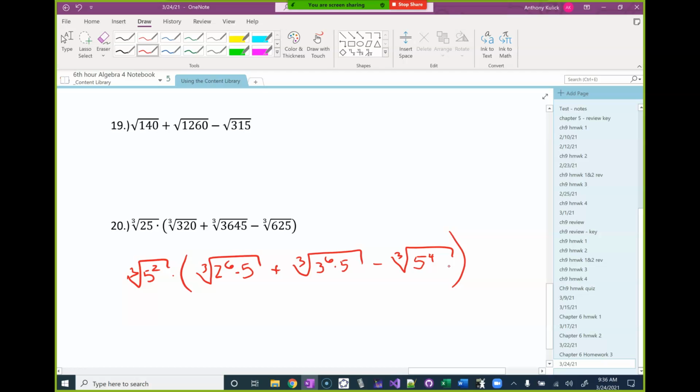Now, ordinarily, I would reduce these radicals and then try to combine like terms here. But I noticed there's a shorter way to do this problem. So if I look, this has 2 packets of 3 already. This is 2 packets of 3 already. And this one is like a packet of 3 and then a leftover 5, right?